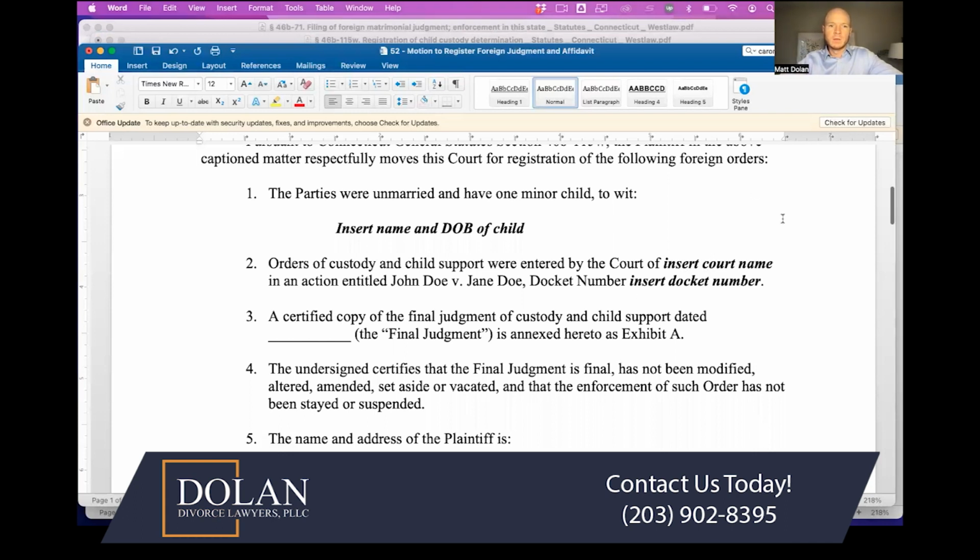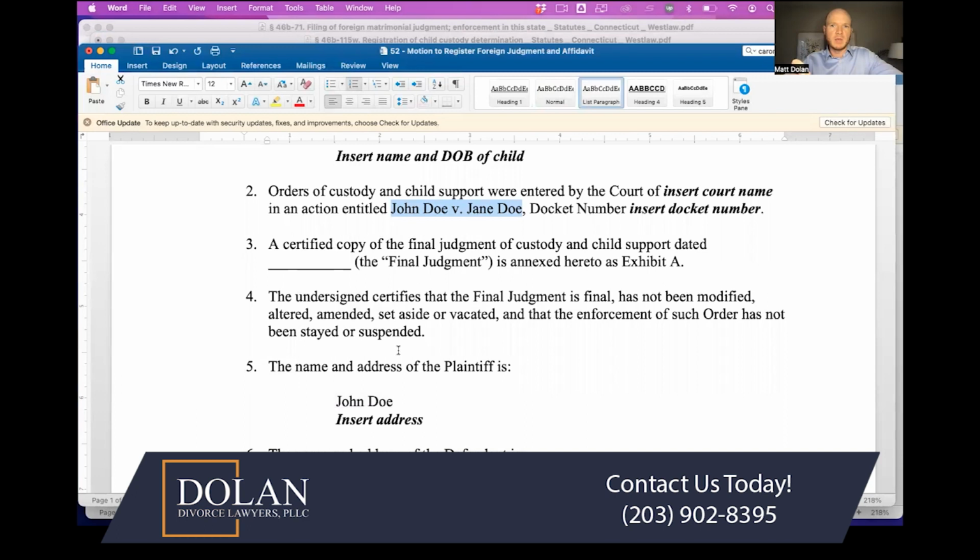And in an action, include the case title and the docket number. You're going to include that you have a certified copy of the final judgment attached. And again, you need the certified copy and then one copy of that certified copy.